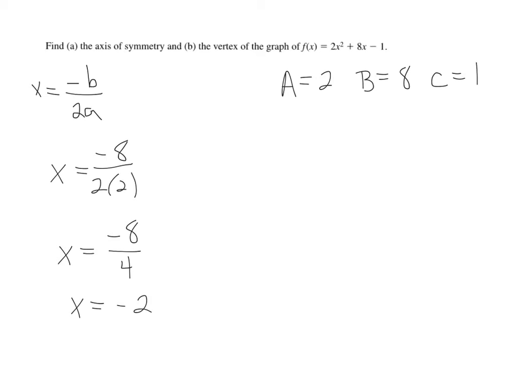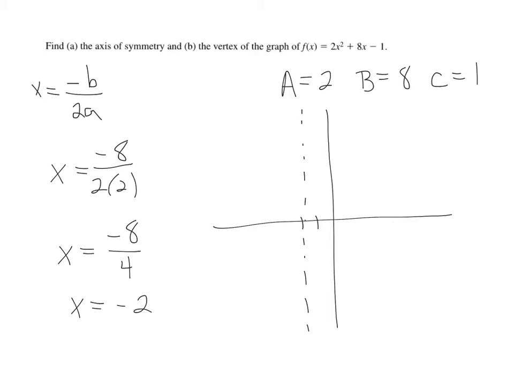So if we imagine what this looks like when we graph it, the axis of symmetry is -2. So if I go over 2, I know the axis of symmetry is going to be right on that line. X is equal to -2.